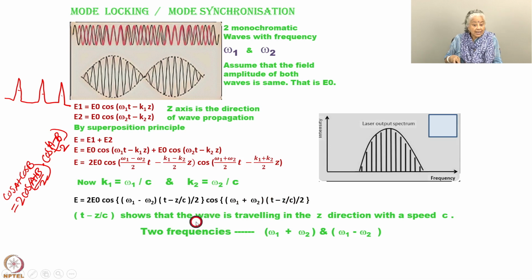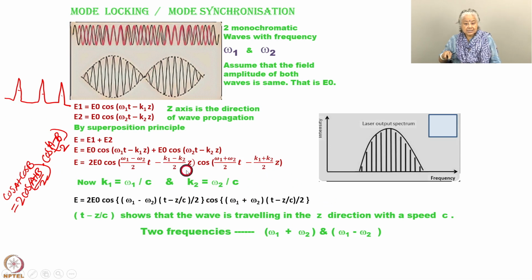Okay. So I have this term t minus z by c. This shows that the wave is travelling in the z direction with a speed c, in time. So this here is the time axis, and it is moving this way.